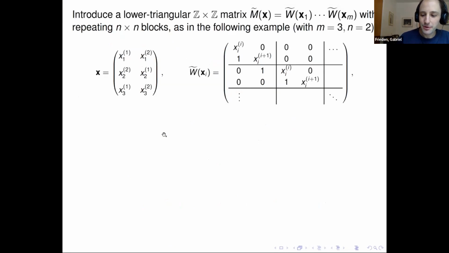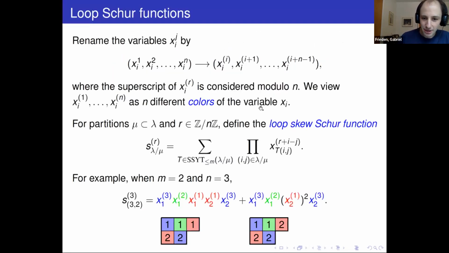And then we color the boxes in our tableau along the diagonals, so we color them mod n. When we take the generating function of these tableaux, whenever we see a 1, we put an x1, but we put the color. So in this case, blue is color 3, green is color 2, and red is color 1.